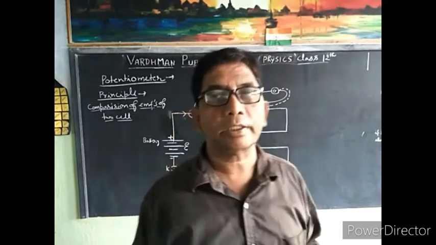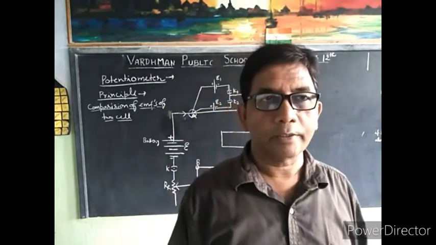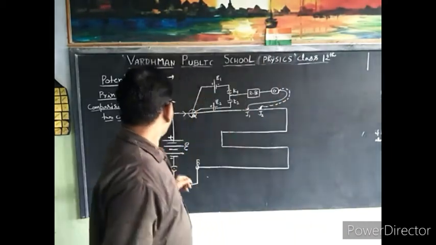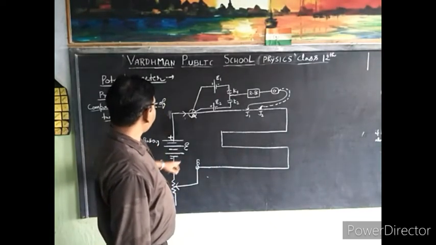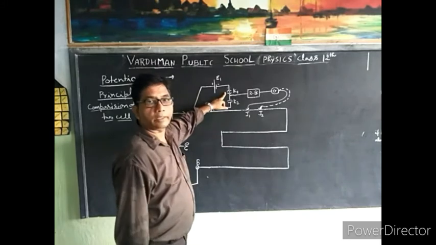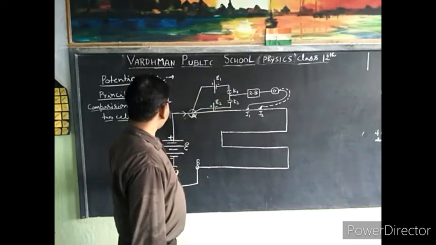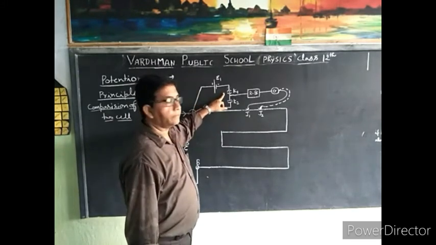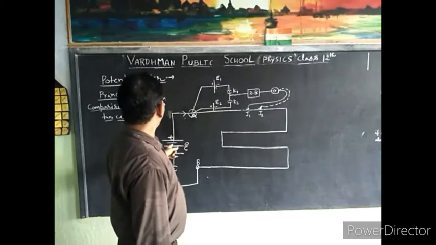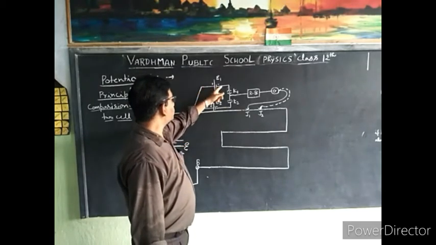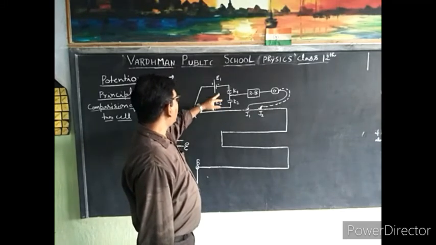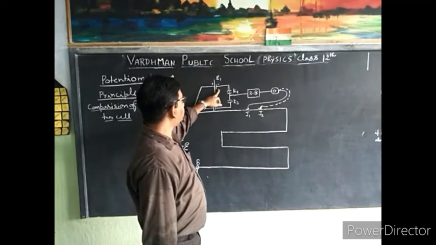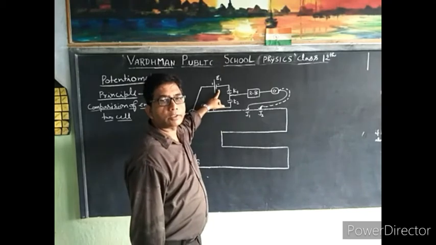The measurement is carried out in two ways. First, close the key K and key K1. So a constant current flows through the potentiometer wire and cell E1 comes into the circuit.